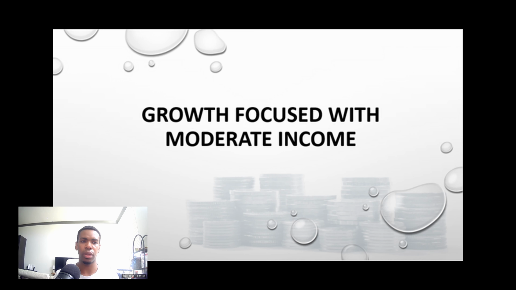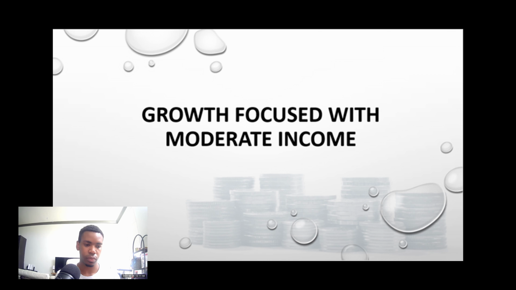Okay, so growth focused portfolios with a moderate income element are suited to investors who have a high appetite for risk, but require a steady flow of income, which helps reduce some of the risks.